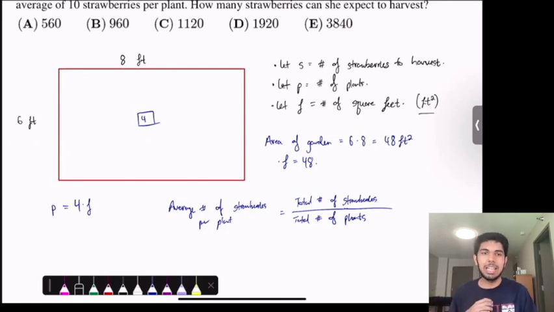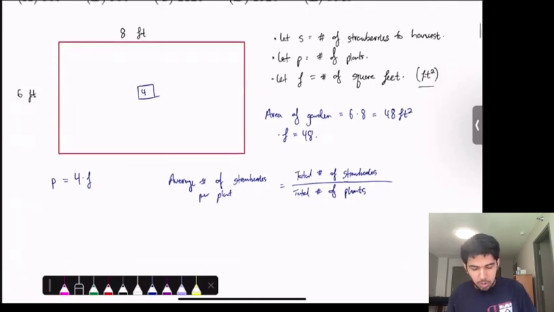So for example, the average miles per hour, you would take the total number of miles divided by the total number of hours. That's how we create this equation. On the left-hand side, we know that the average number of strawberries per plant is equal to 10, that's given.